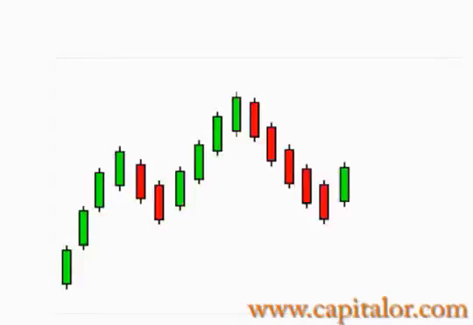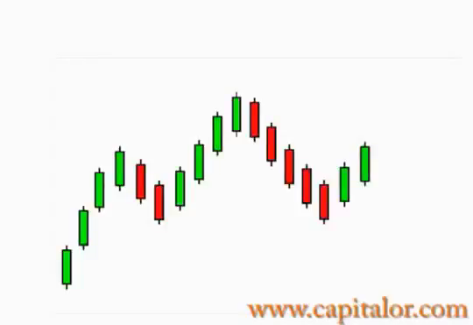And now you can see that the green candle just before the red candle starts to move down has made a new high, and this is the head. The candles start to move up.